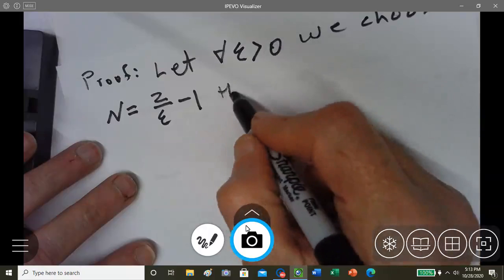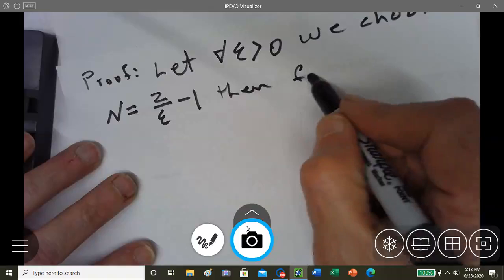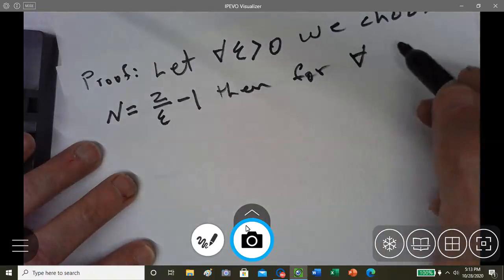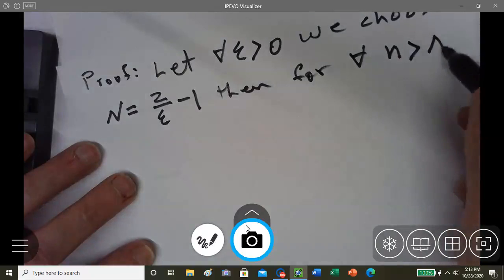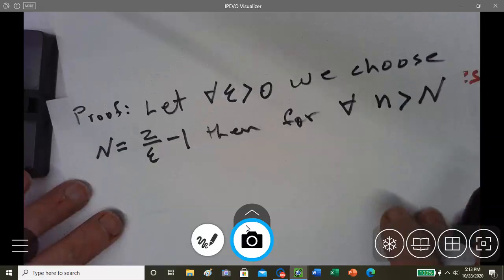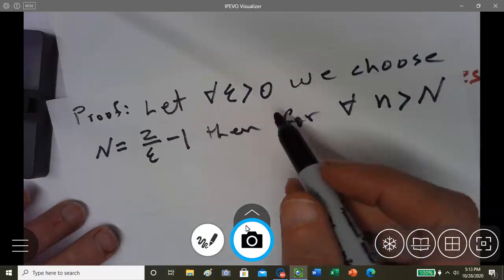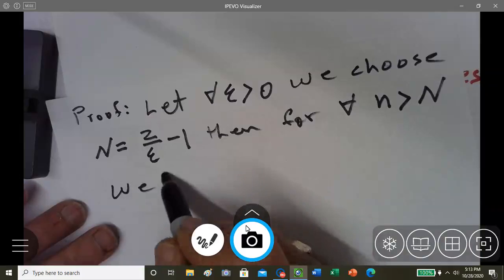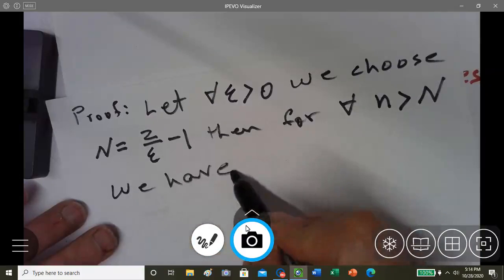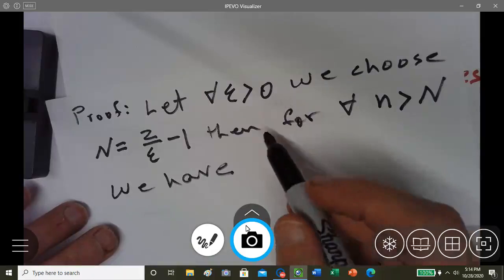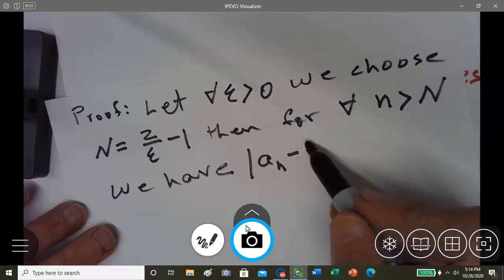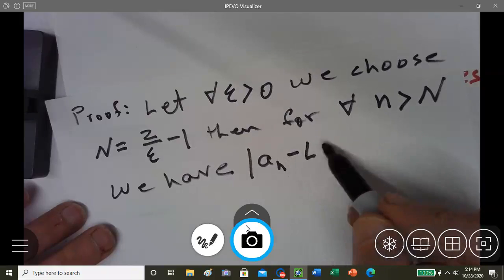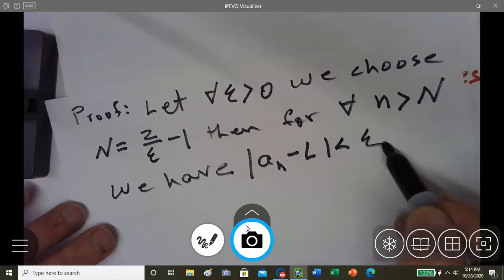Then for all sequence n greater than our boundary N, we have the absolute value of our a_n, our sequence, minus our limit is less than epsilon.